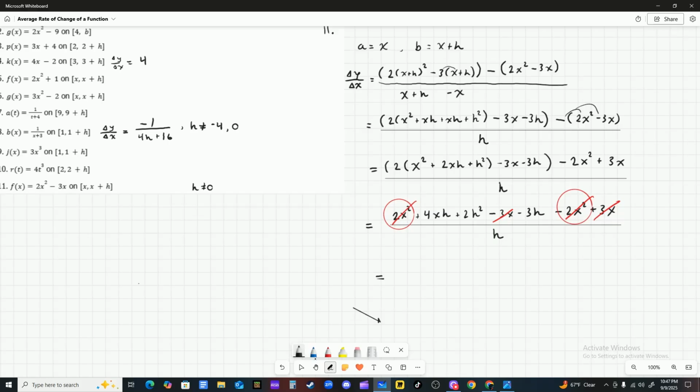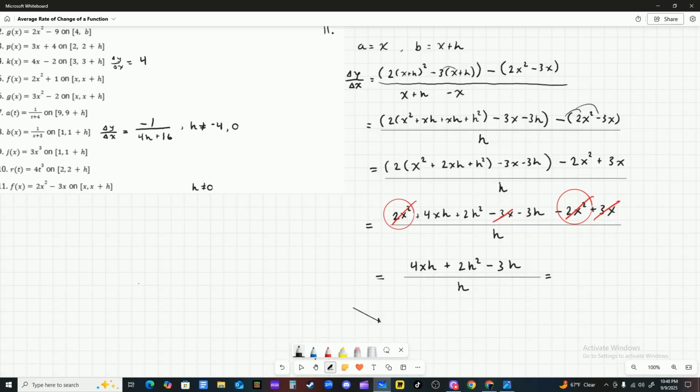There might be more stuff, but for now, let me just get rid of that stuff so we can clear some stuff out. So we're left with 4xh plus 2h squared minus 3h, all divided by h.